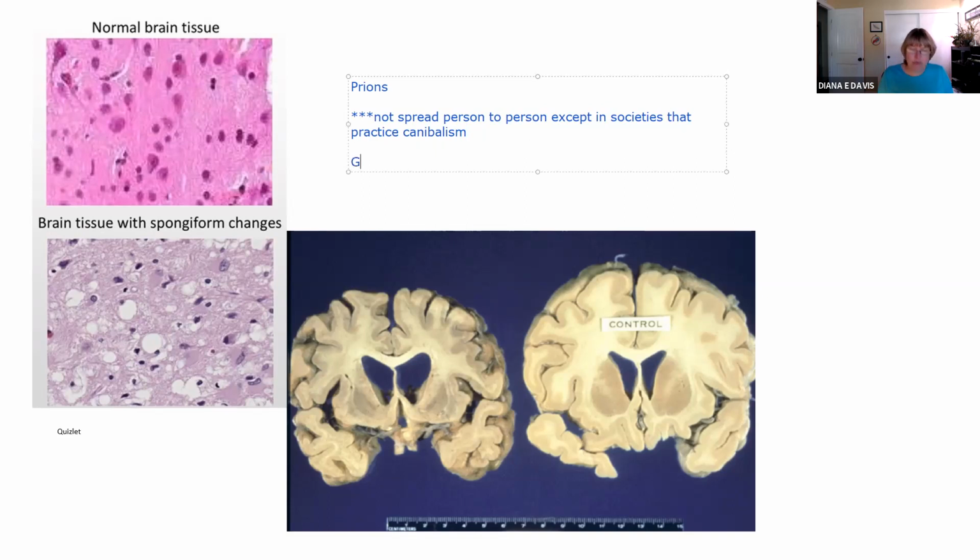It can show up through genetic mutation or from food. Specifically, it can be spread from cows or sheep that are infected. So a prion is just a misfolded protein.